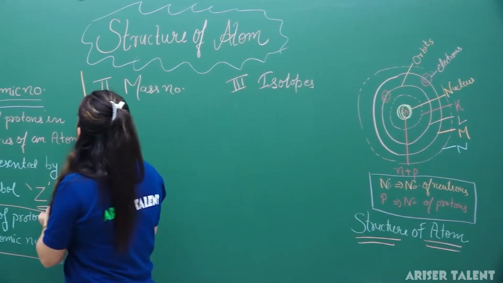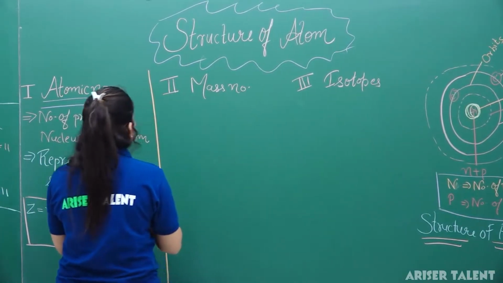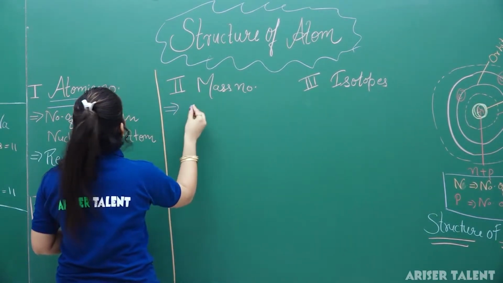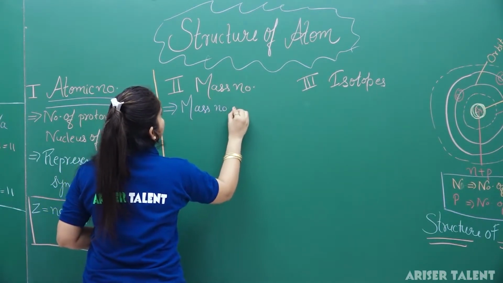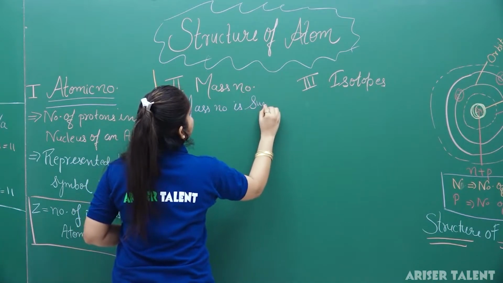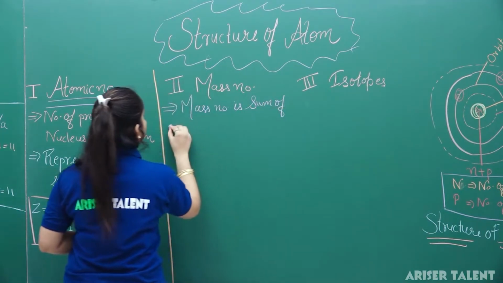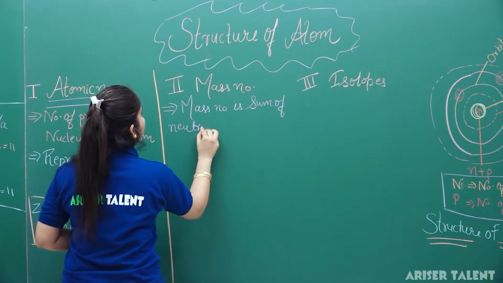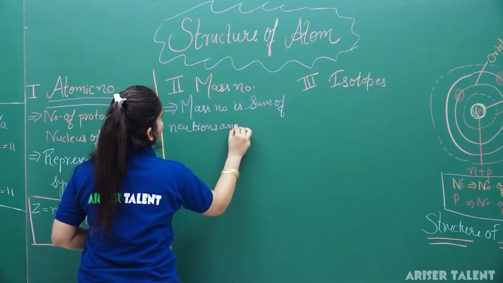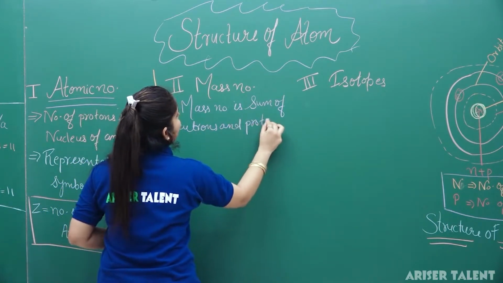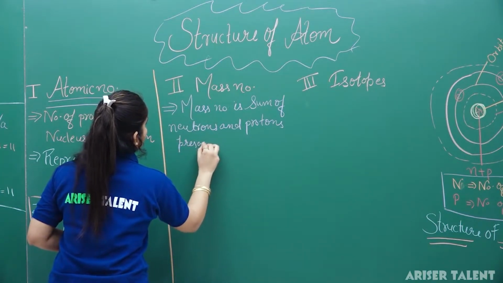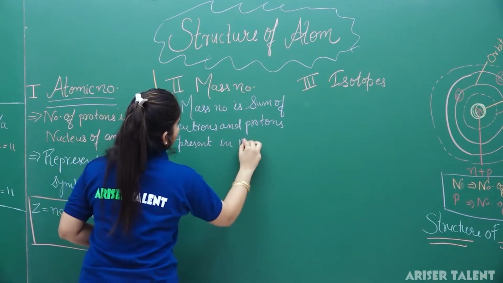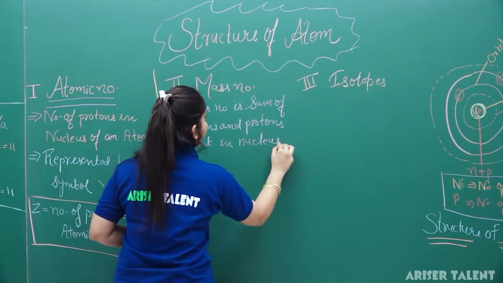So our second term is mass number, which is the sum of neutrons and protons present in the nucleus of an atom.